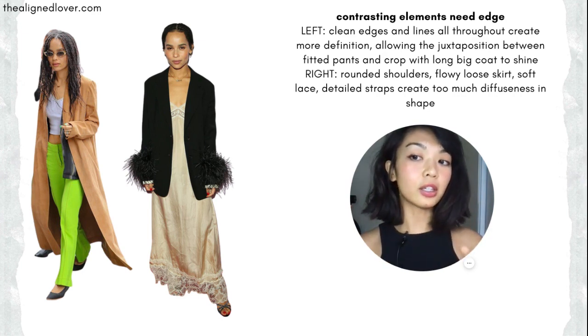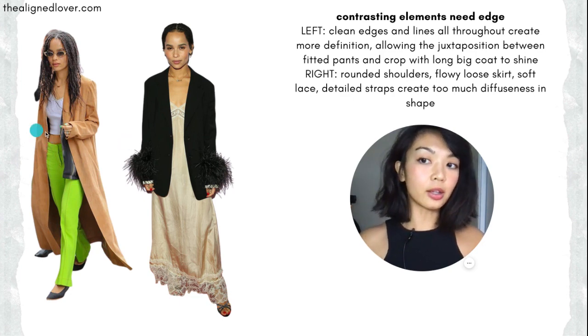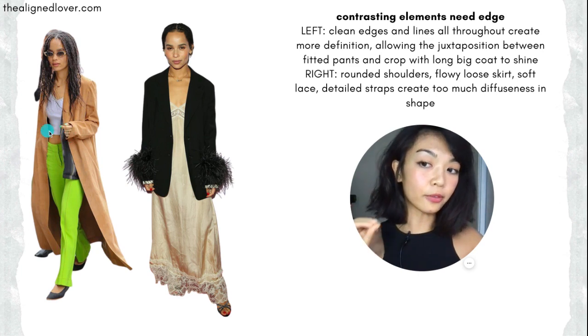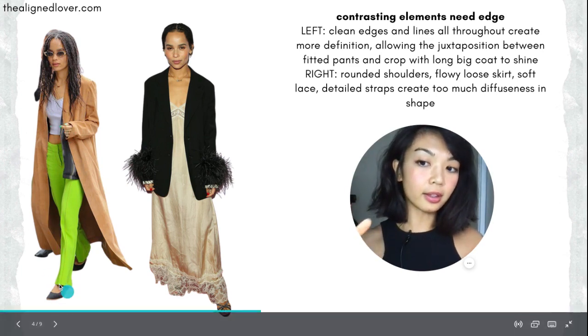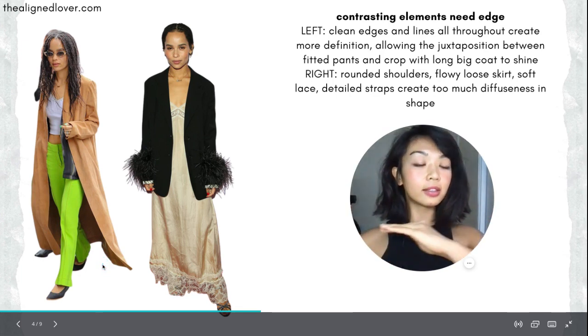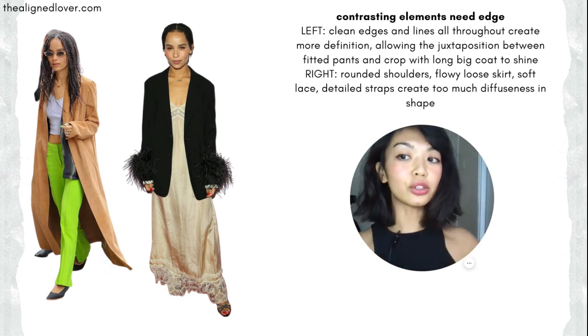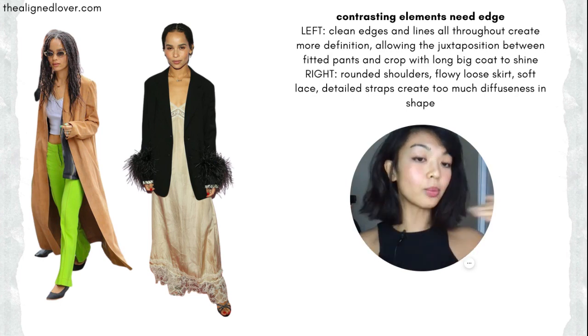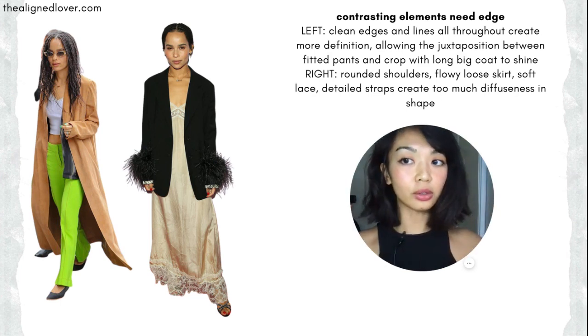There's a good deal of contrast. We have nice clean edges, whether it is on the waistband here or on the hem of the crop top or with the clear hem of the pants. We have some cleaner edges. They're not round, they're more straight, they're horizontal.